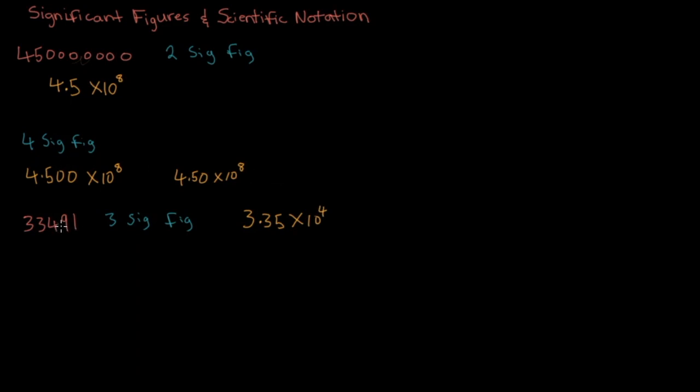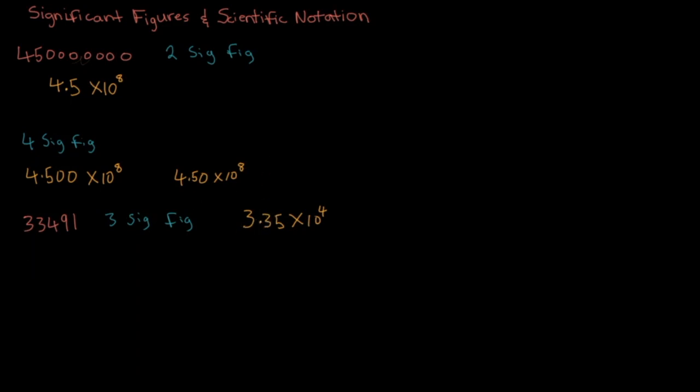And the reason why we round this up to a 5 is because of this 9 here. Since we're only using these 3 digits, this last number here has to be more consistent with the rest. So we would round this up to a 5, and hence we get that.